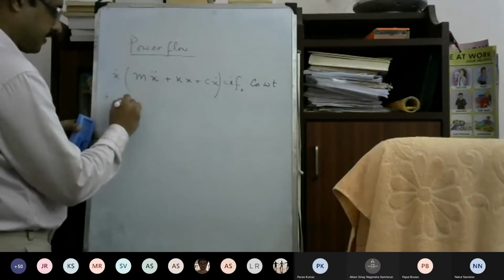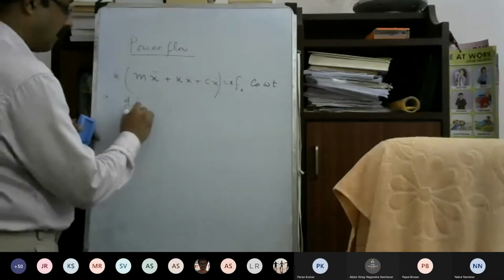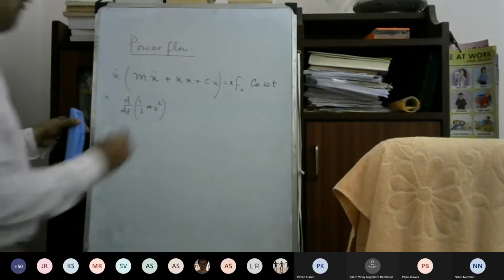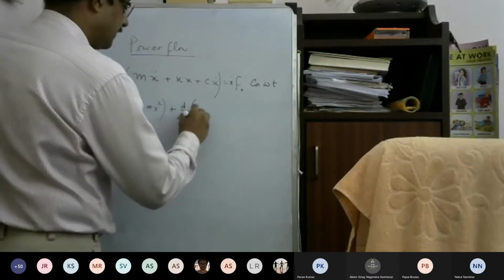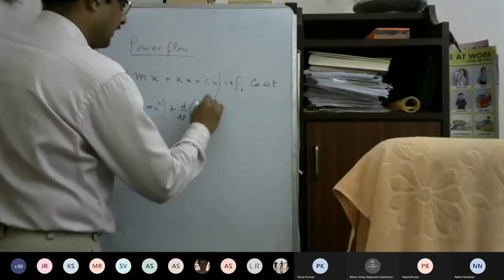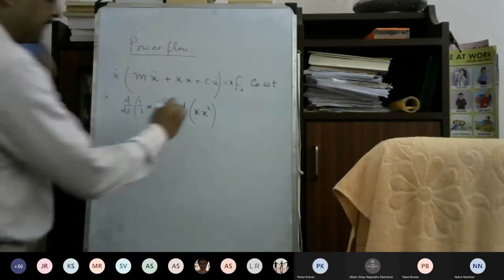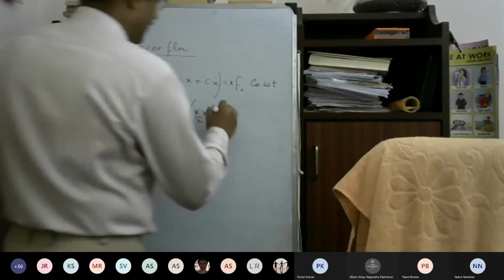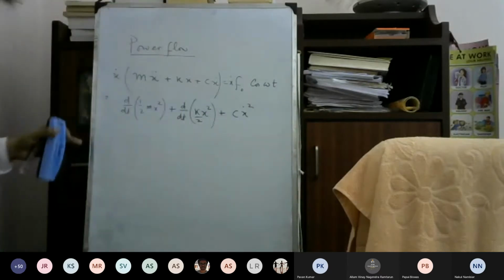so this becomes d/dt of half m x dot square plus d/dt of half k x square. Check that. Plus c x dot square.